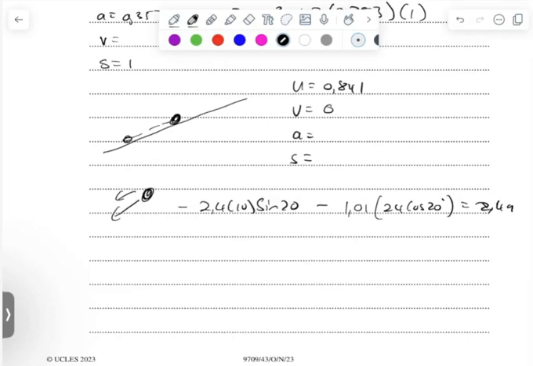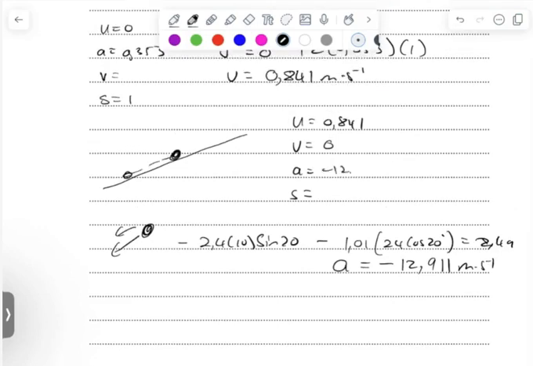Okay, that looks much more realistic. So our acceleration is then minus 12.911 meters per second squared. So it's decelerating, which we could expect.